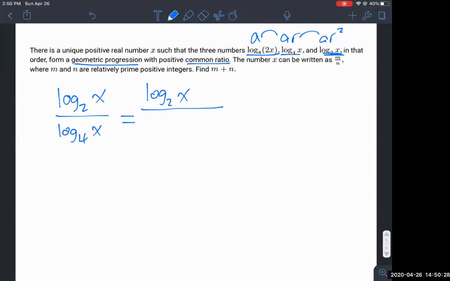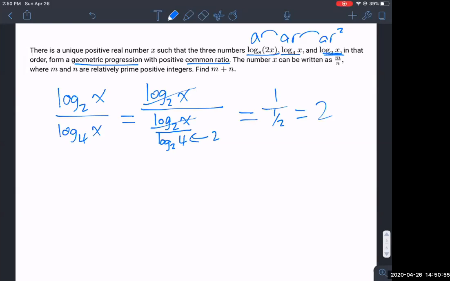The bottom, when we turn it into log 2, gets you log 2 of x over log base 2 of 4, and this thing is just 2. Meanwhile, these are the same, so we can cancel them, leaving us with 1 over 1/2, and that's just 2. So our common ratio is 2, which is definitely a really good start.